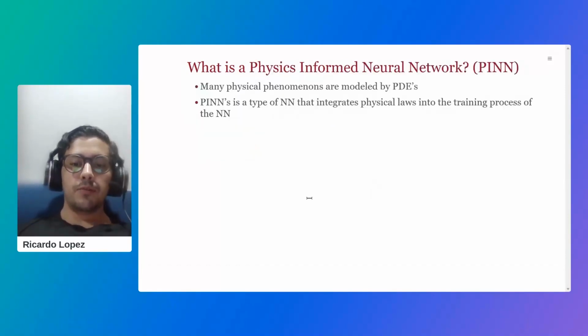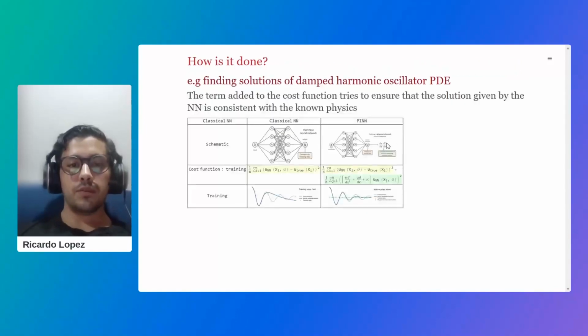So, what is a physics-informed neural network then? It all comes down to the cost function. As you know, many physical phenomena are modeled through PDEs, and we will integrate these PDEs into the cost function.